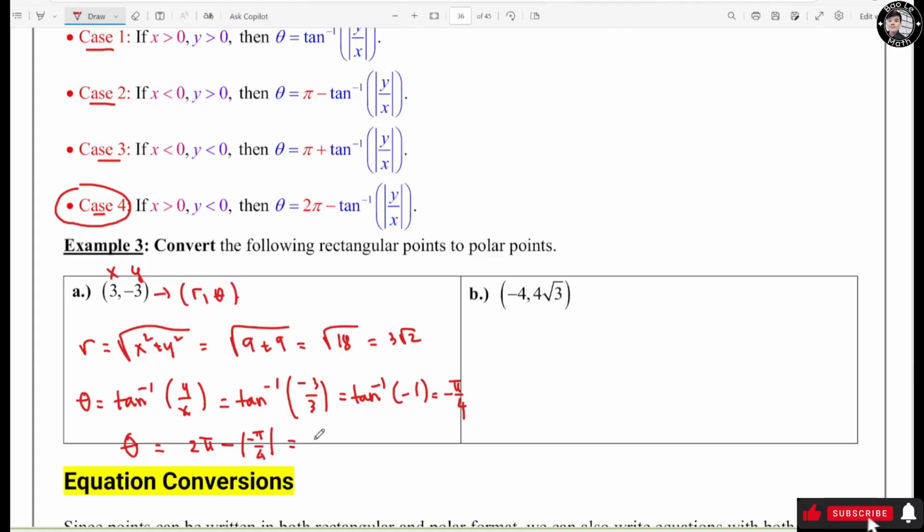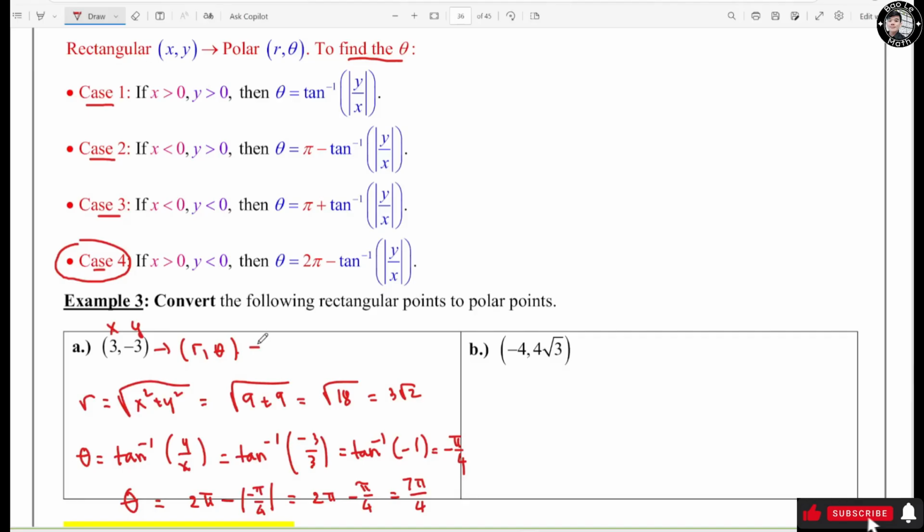So it could be 2 pi minus pi over 4, which is 7 pi over 4. So your answer is 3 root 2, comma 7 pi over 4.